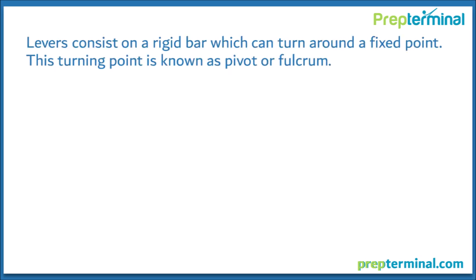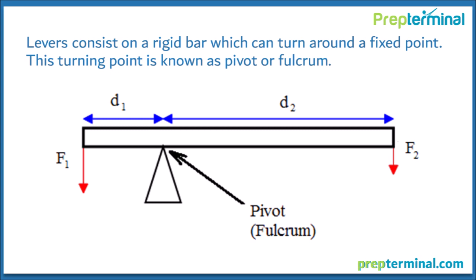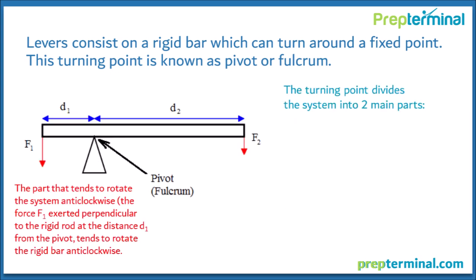Levers consist of a rigid bar which can turn around a fixed point. This turning point is known as a pivot or fulcrum. The turning point divides the system into two main parts. The part that tends to rotate the system anti-clockwise: in the figure, the force F1 exerted perpendicular to the rigid rod at the distance d1 from the pivot tends to rotate the rigid bar anti-clockwise.